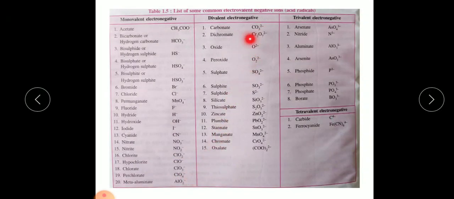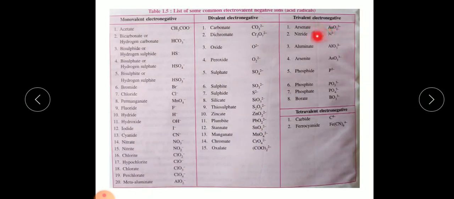In divalent we have carbonate, dichromate, oxide, peroxide, sulfate, sulfite, sulfide, silicate, thiosulfate, zincate, plumbite, stannate, manganate, chromate, oxalate.